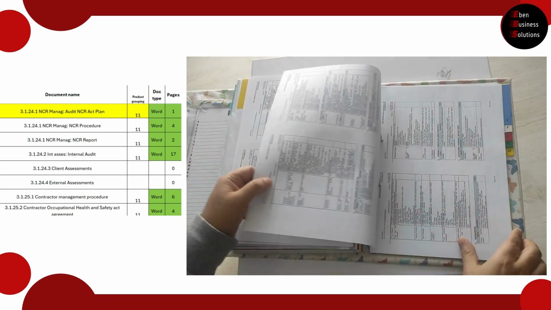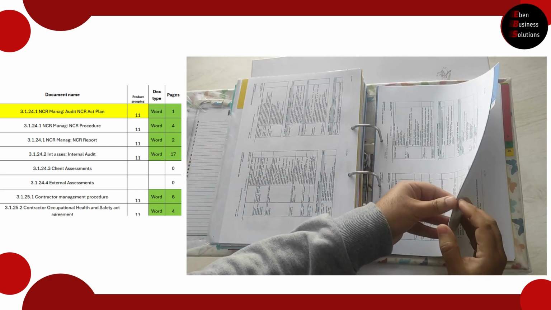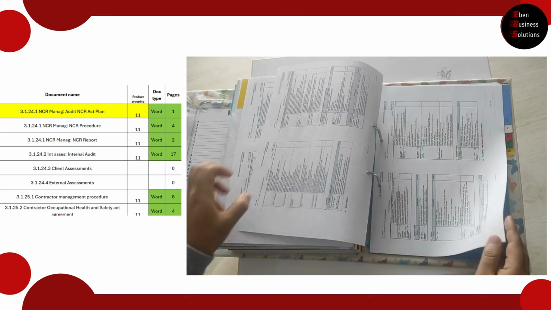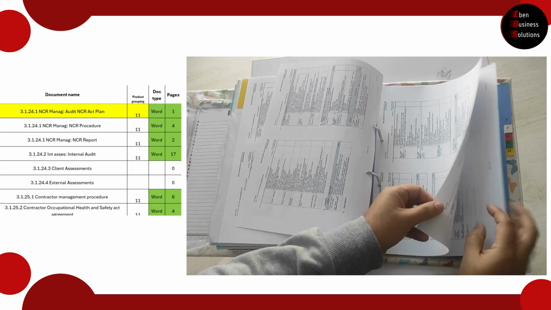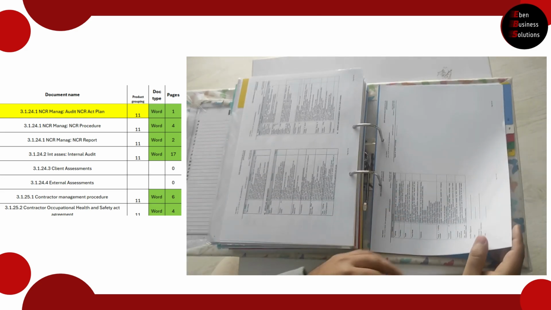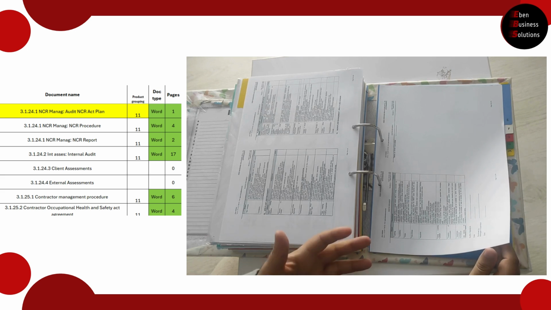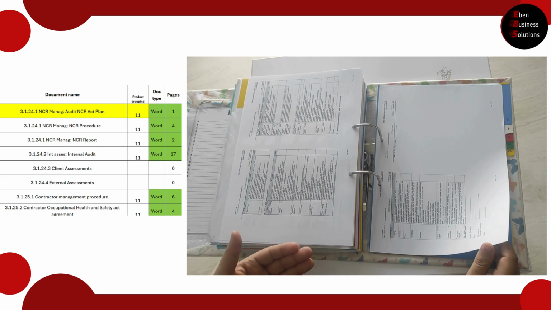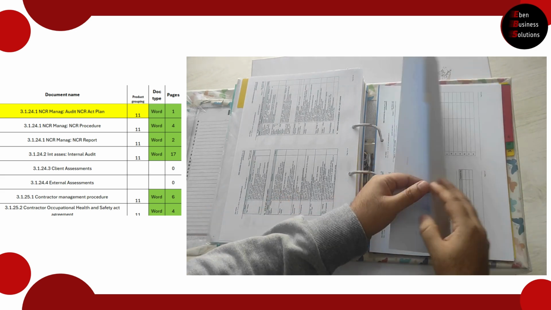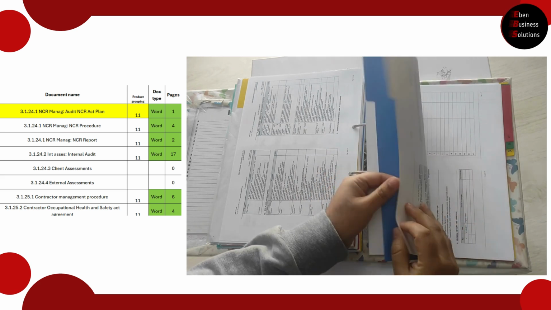And these are the checklists that they look at to see if there's compliance. And then there are client assessments that you can get from your client, and also external assessments which have their own specific templates.